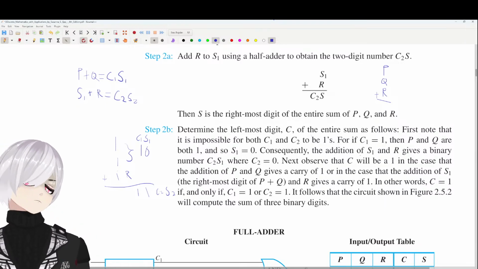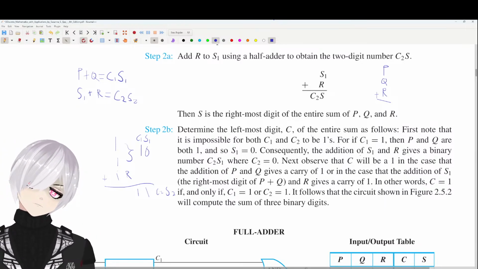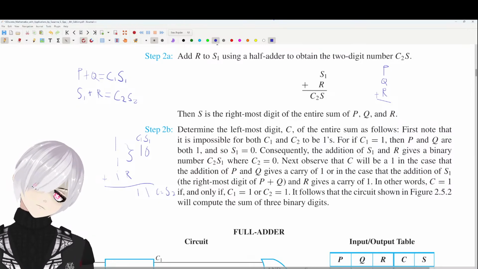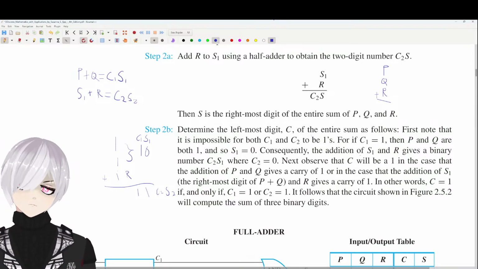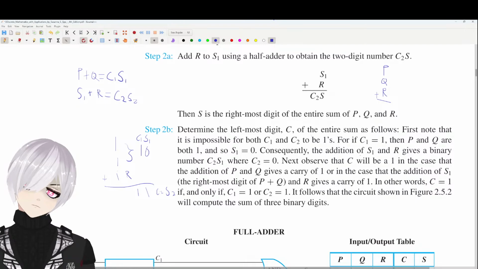So in that case, S1 would have to be 0 if the C1 is 1, because the only way you get a 1 for the left digit of the sum of two binary digits is if you end up with a sum of 1 0. So supposing that C1 is 1, we concluded that S1 is 0.